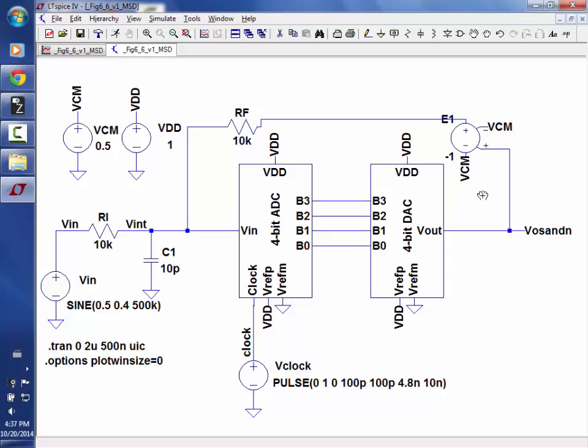How about that? The problem I had before is I put the VCM on the plus terminal, so instead of adding to this voltage, it was subtracting. Okay, I want to invert this, right? So if this is 600, I subtract 500, which is 100, times -1, which is -100, plus 500, which gives me 400.